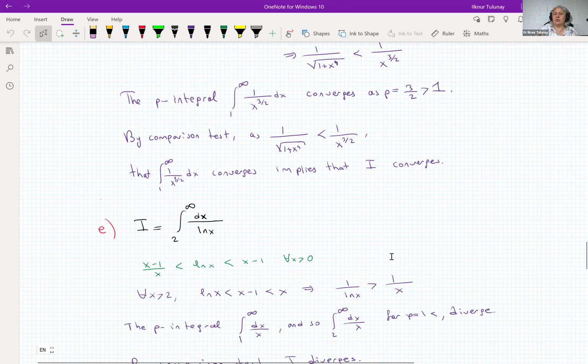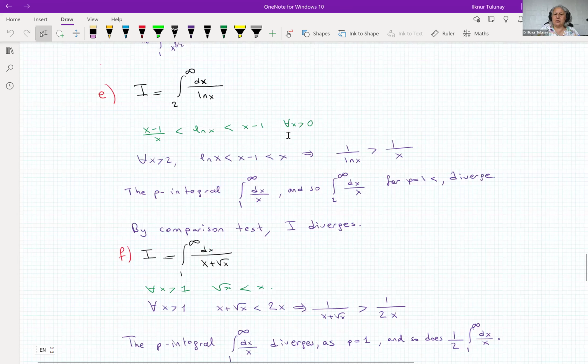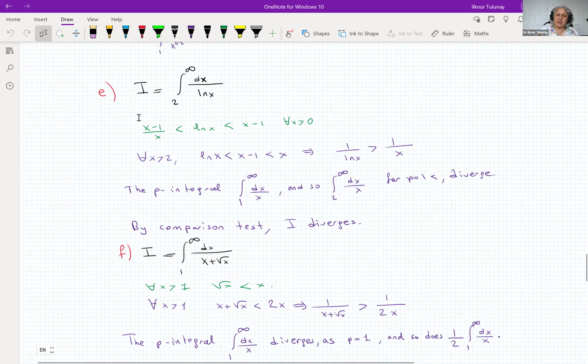Part E. So we have this inequality, and this is a well-known fact. It's very useful to know this. Now we can use this part: if x is bigger than 2, ln x is smaller than x minus 1, also smaller than x.